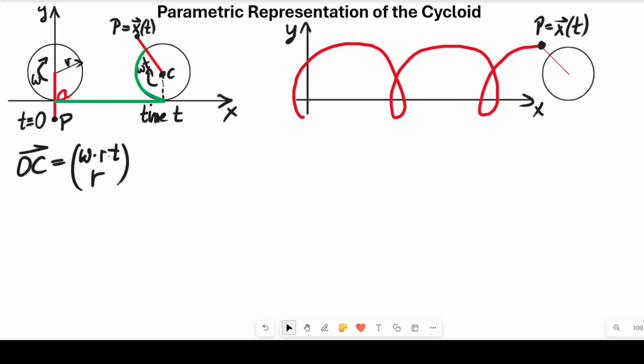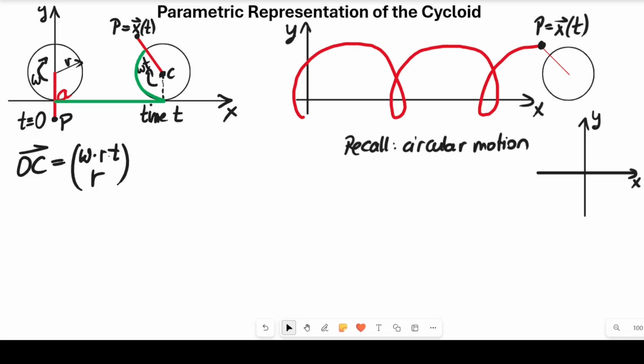Before we can do that, we have to recall something, the so-called circular motion. So I again start with a tiny sketch.